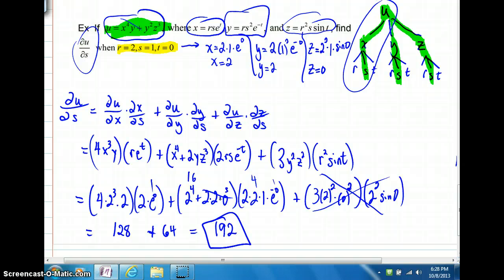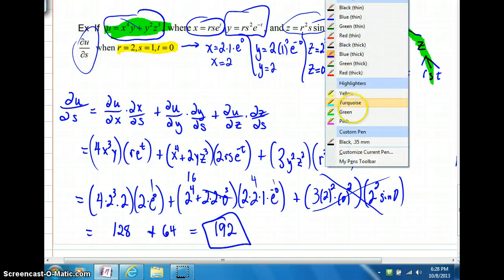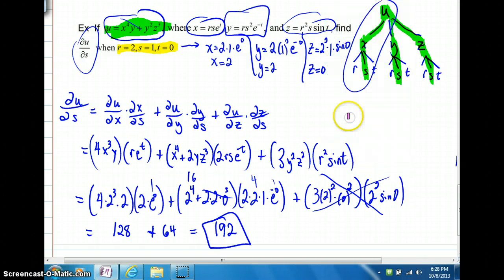What this is really saying, and I want us to get more and more used to seeing what this partial derivative of u is with respect to s. What this is really saying in this regard is, with this initial condition, when r is 2, s is 1, t is 0, and your x, y, and z values are corresponding as well, u is changing at a rate with respect to s of 192.